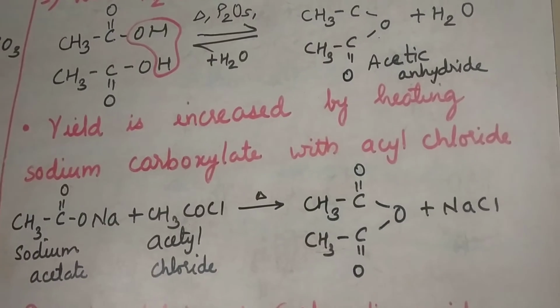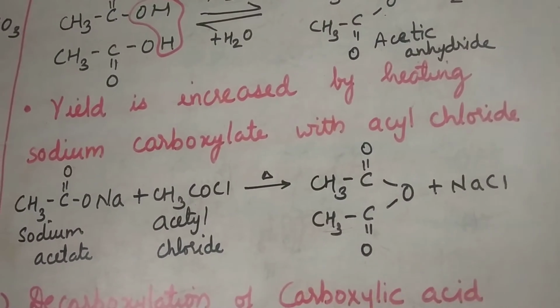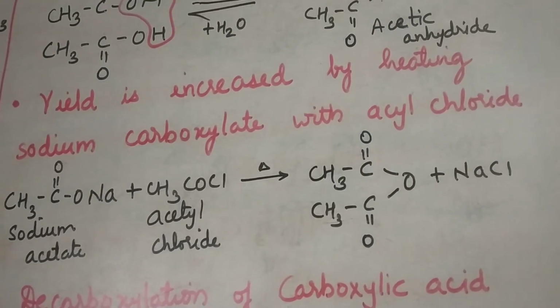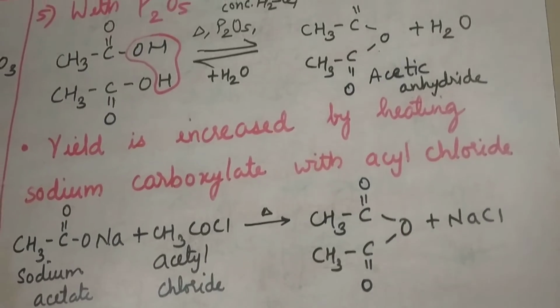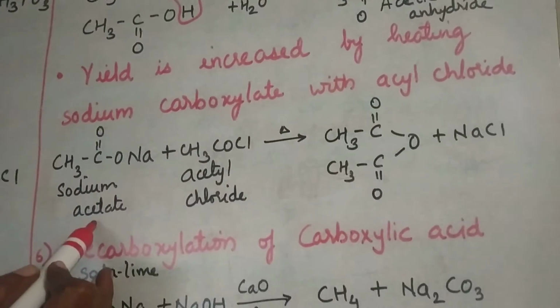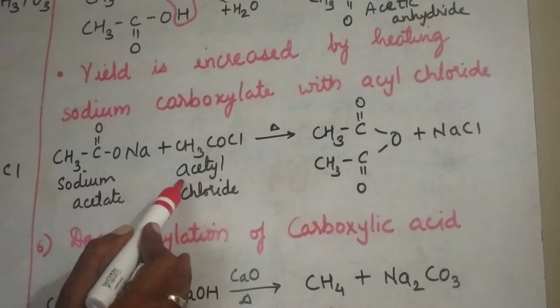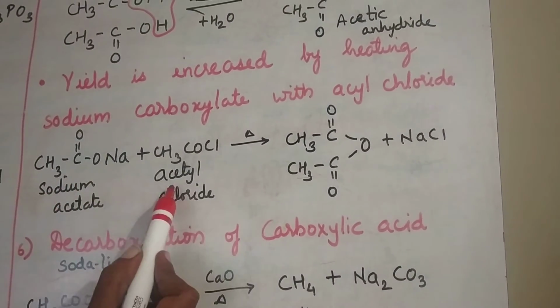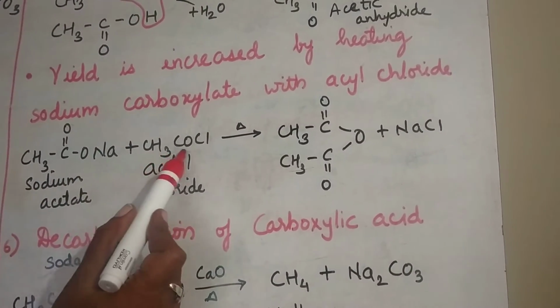If it is needed to increase the yield of acetic anhydride, then sodium acetate, that is the sodium salt of acetic acid, is treated with acetyl chloride. So sodium acetate treated with acetyl chloride, CH3COCl.